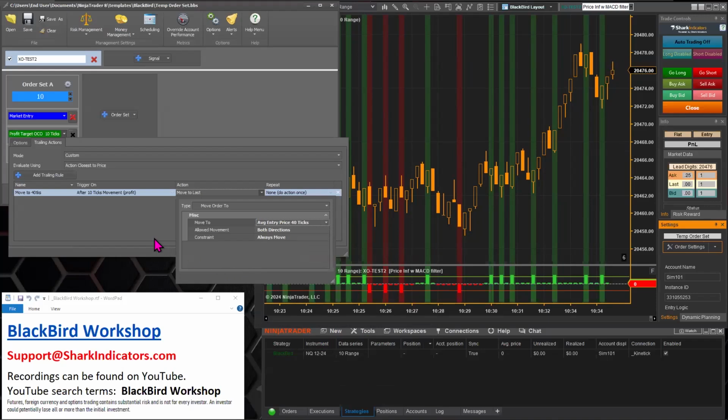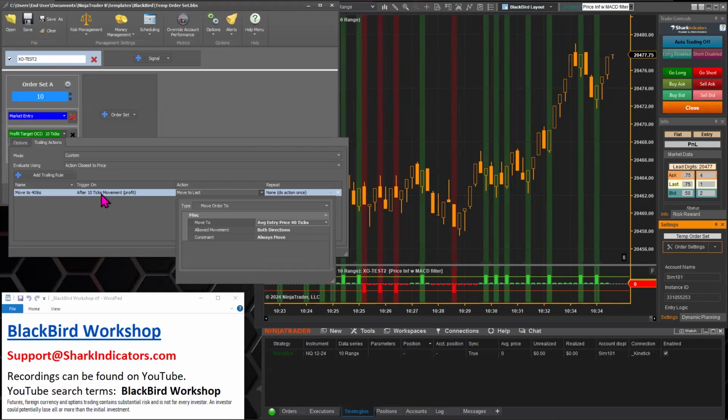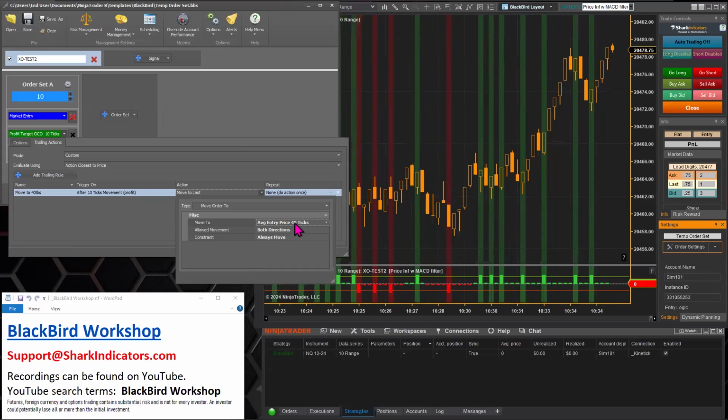I think this is really the key to Brahm's question. Just set up your trigger for when you want that profit target to move. And then in the action, you're going to take the entry price and then add however many ticks of offset you want.